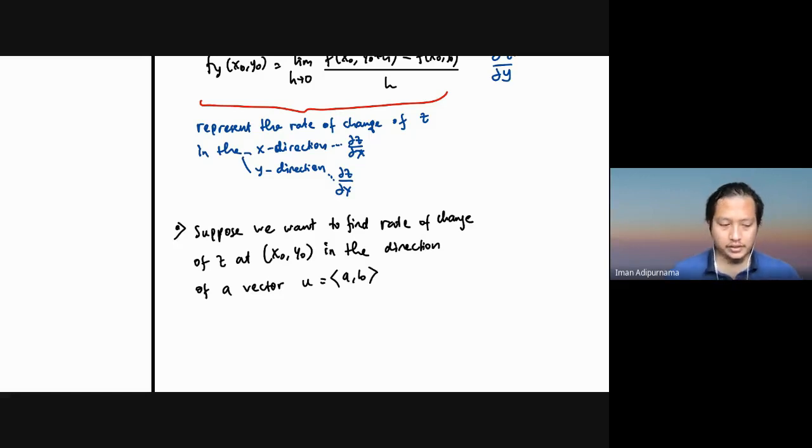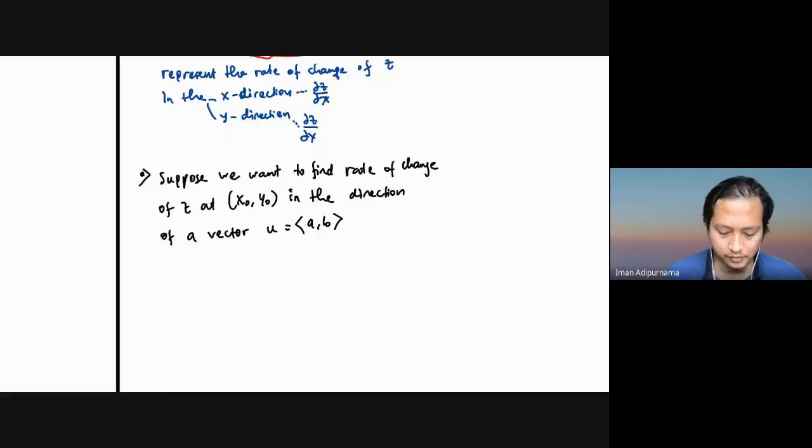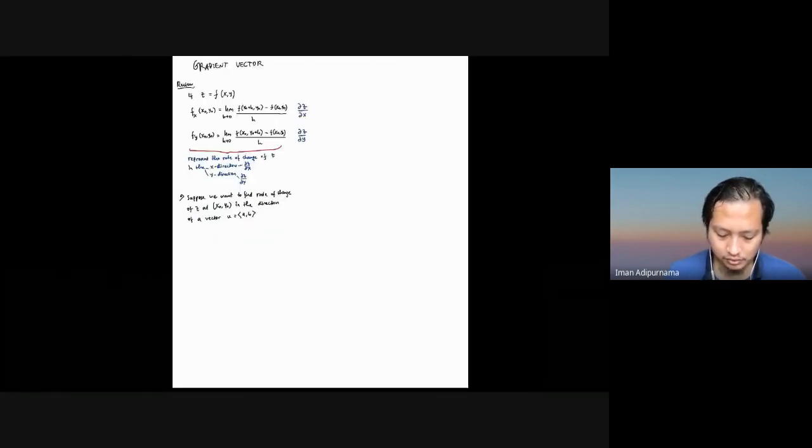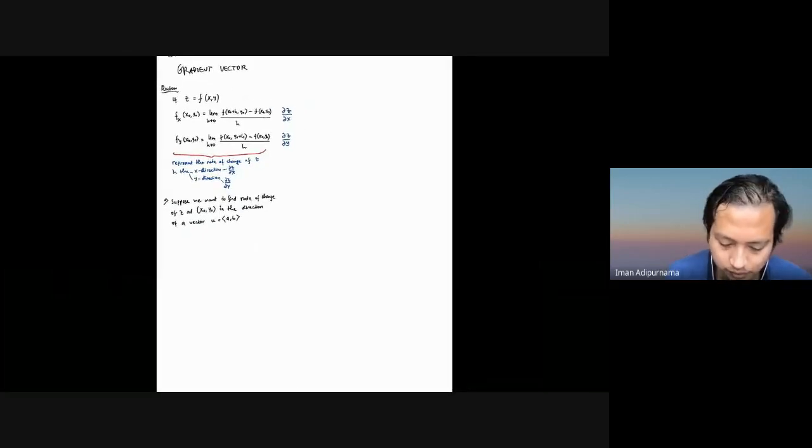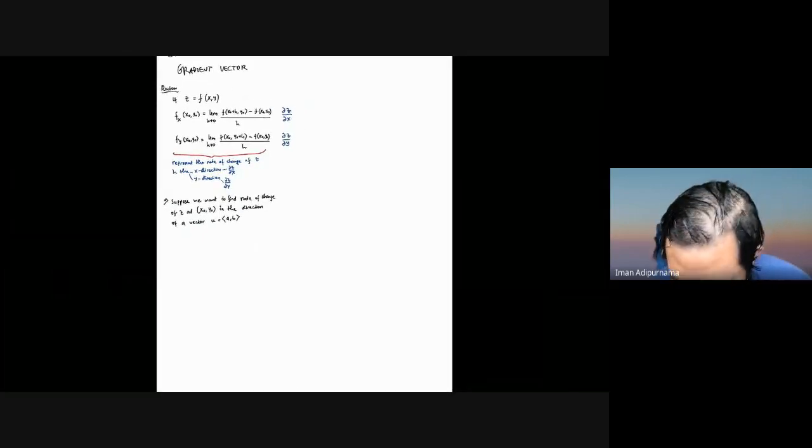We have a unit vector. And how to do this? Let me take you to a picture that I prepared.